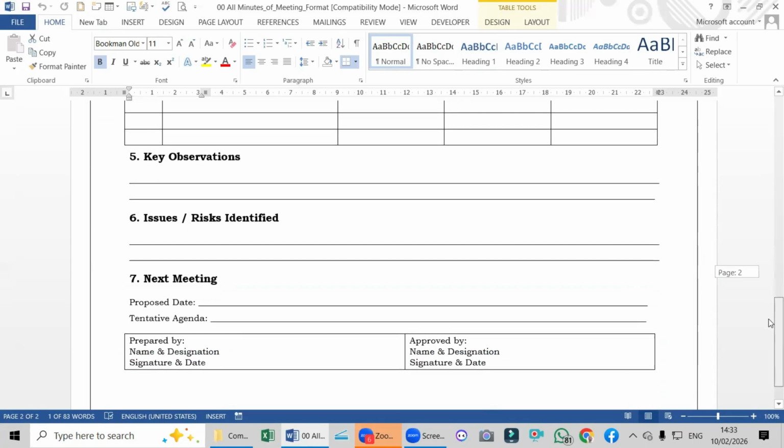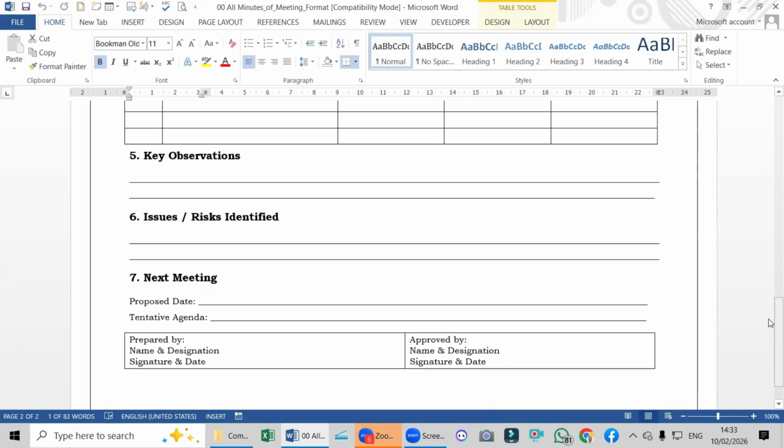Then key observations can be, okay, OT documentation needs improvement, or the frontline staff needs to be given a little training to be more compassionate, to handle vulnerable patients in a better fashion, and so on. That could be key observations.